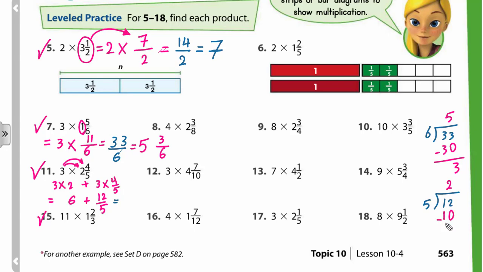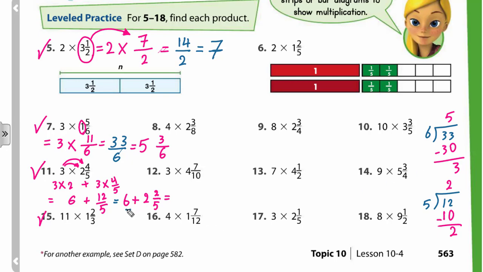And the remainder is 12 minus 10 equals 2. So the whole number is 2 and 2 fifths: 2 is the whole number, 2 will be the numerator, and 5 will be the denominator.